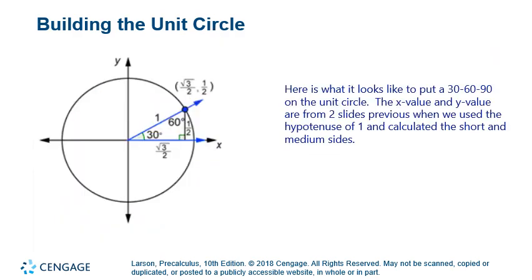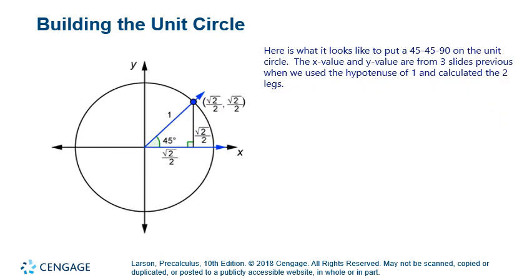Here's what it looks like to lay a 30, 60, 90. Here you have an x value of square root of 3 over 2 and a y value of 1/2. Here's the 45, 45, 90. If you recall, those two legs were both square root of 2 over 2.